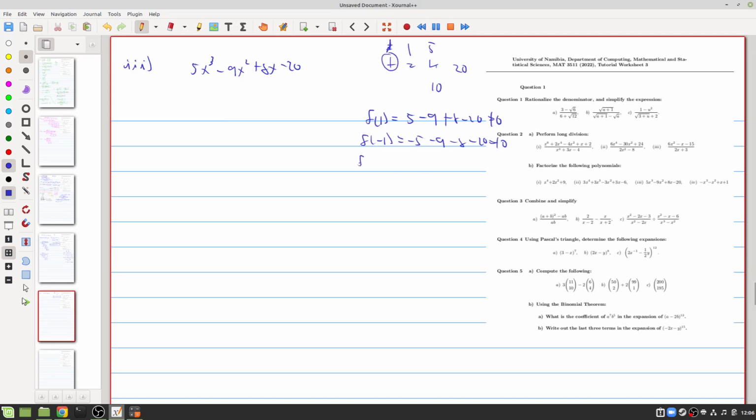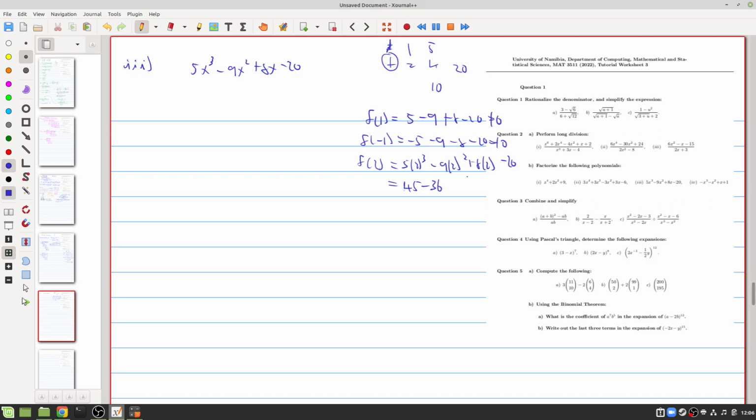Okay, let's try 2. If we put in 2, we get 5 times 2 cubed minus 9 times 2 squared plus 8 times 2 minus 20. This gives us 2 cubed is 9 times 5 is 45, 2 squared is 4 times 9 is negative 36.